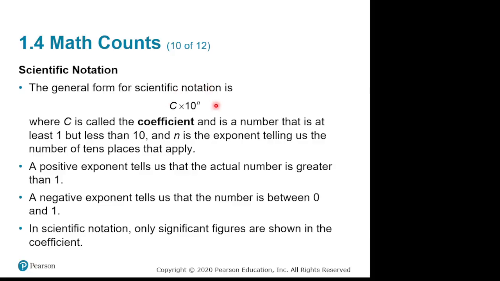Because what you're going to do is multiply that coefficient by 10 to some power. Okay? Let's say I want to express 100. How would I express 100? Well, that'd be 1, right? And then times 10, and then how many zeros are in 100? 2. And so you'd do 10 to the second. Okay? 1,000 would be 10 to the third.